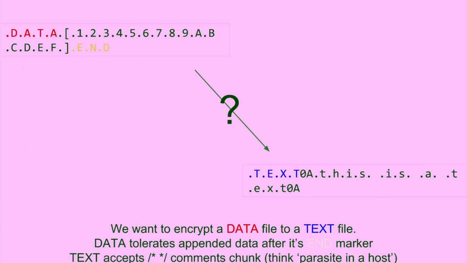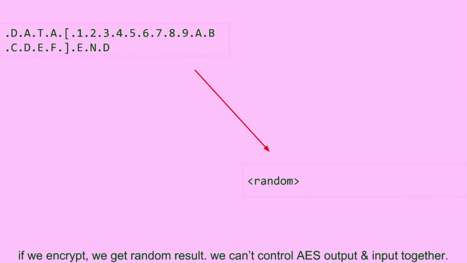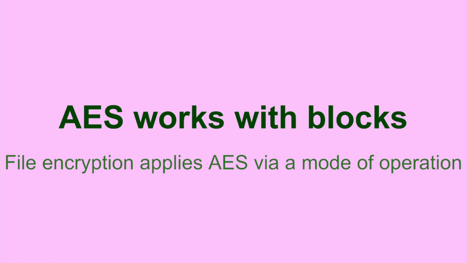So as soon as the source format tolerates appended data and the target format has a way to have a host parasite polyglot, then you can apply that. So basically, if you encrypt with AES, you get something random in general. You cannot control what you have in input and what you have in output, because that's encryption. AES is still not broken to my standard here, at least. But the thing is, AES is a block cipher.